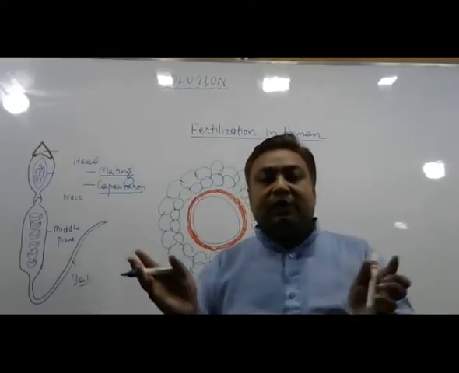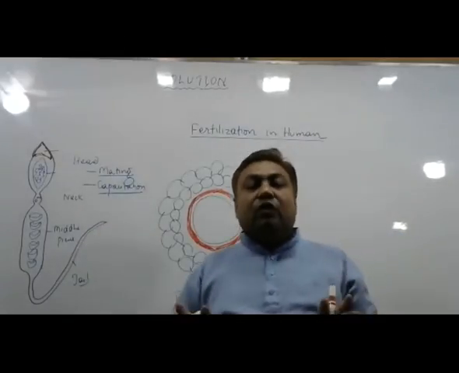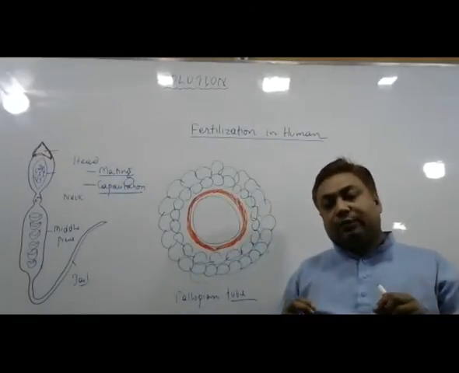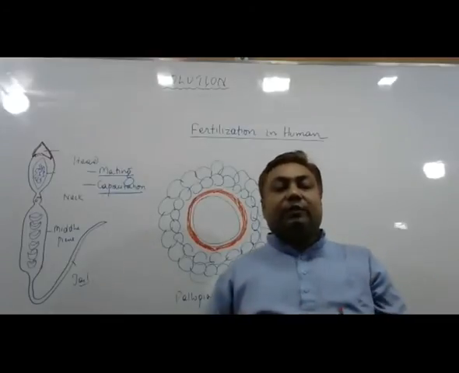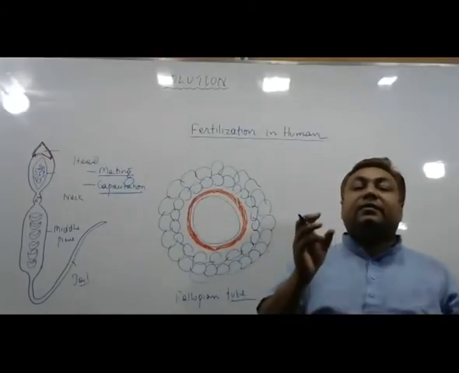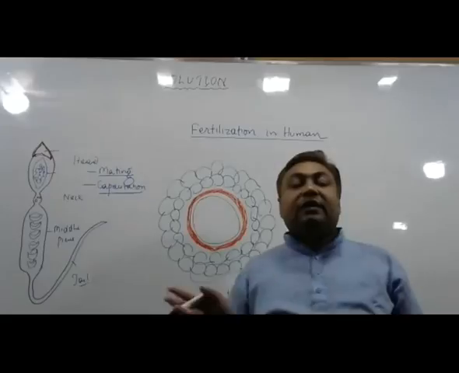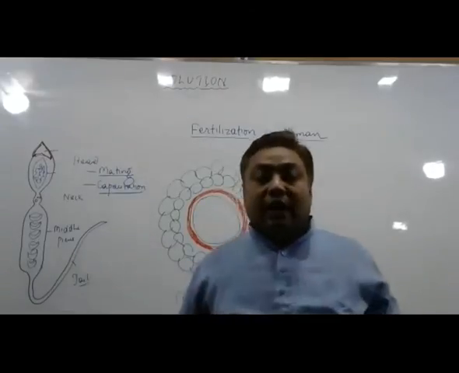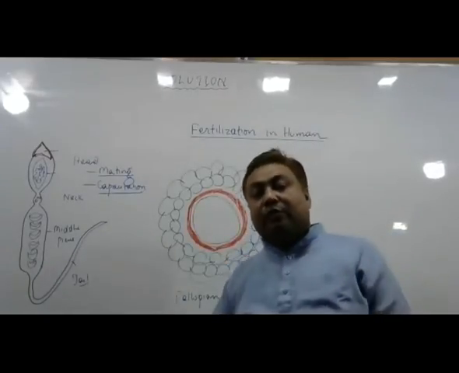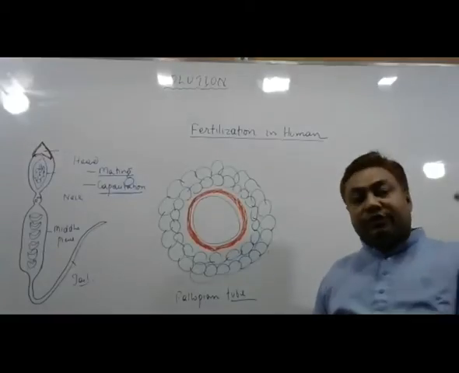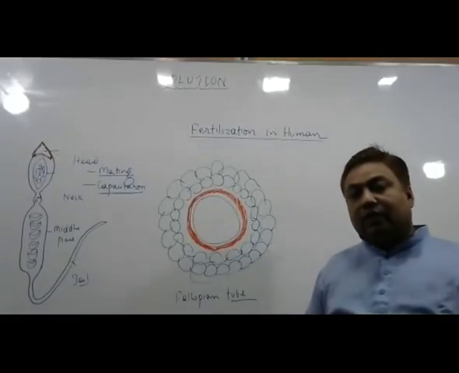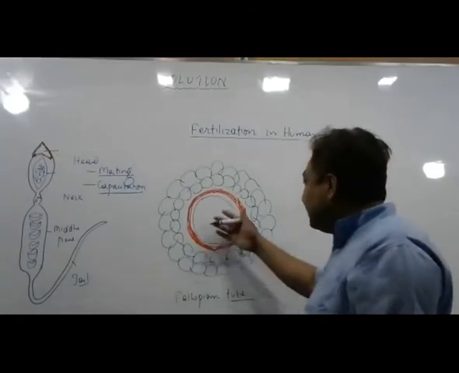The fallopian tube will pair. As the sperm enters the fallopian tube, there are cells which have cilia. The ciliary movement also helps the sperm to move towards the ovum.